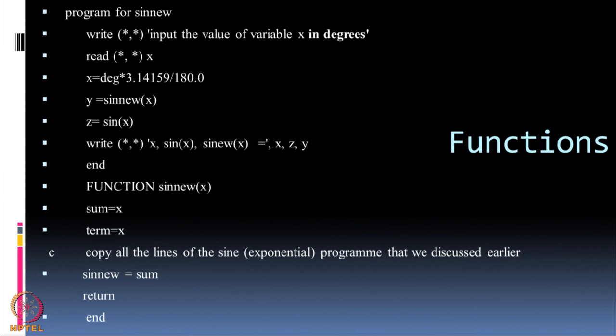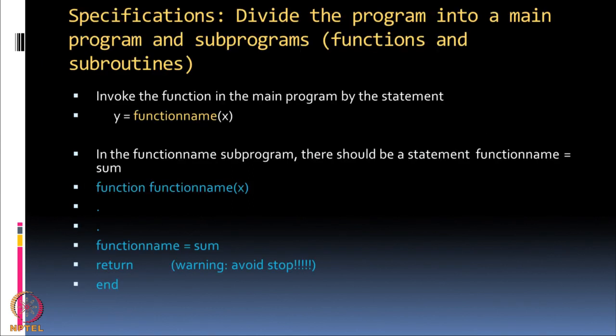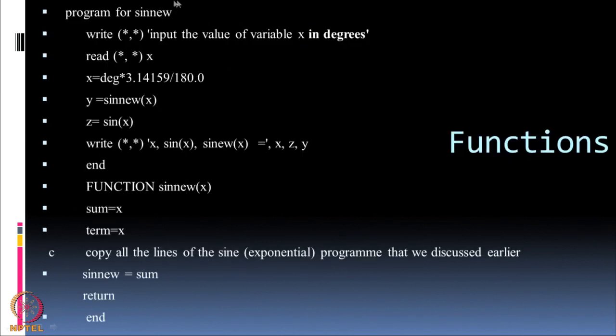So, let us now summarize again what this function is. What have we done here? We have divided the program into a main program and subprograms. Now, what is a main program? You see here, in the main program for sin nu, everything up to the end is the main program. Whatever comes after the end are functions or subroutines.